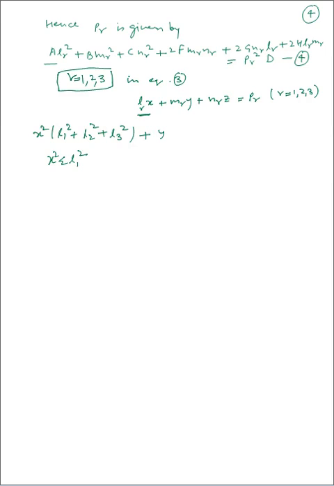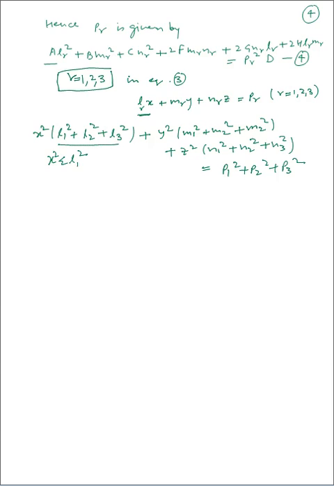Similarly for y square, m1 square plus m2 square plus m3 square, plus z square, n1 square plus n2 square plus n3 square, is equal to p1 square plus p2 square plus p3 square, and we know these are 1, so we can write x square plus y square plus z square is equal to, now p1 square from equation 2 we can have, which will be 1 upon d, because from the second we divide the left hand side by d and get the equation.